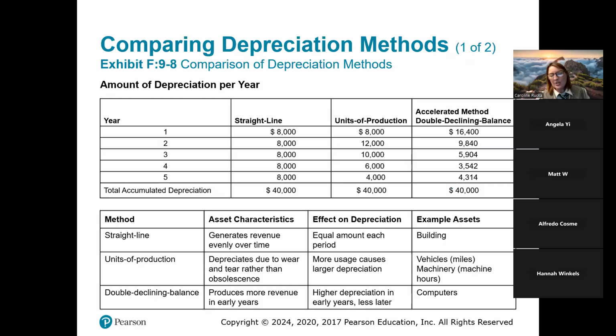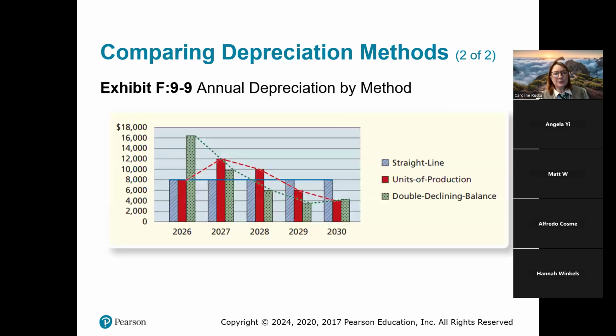This compares the 3 methods of depreciation. Great study aid here. And then this is just words in pictures, showing you how the depreciation looks depending on which method you use.